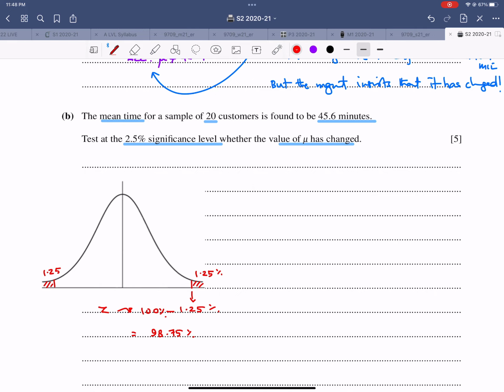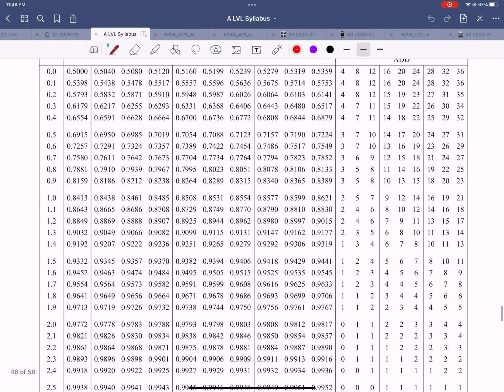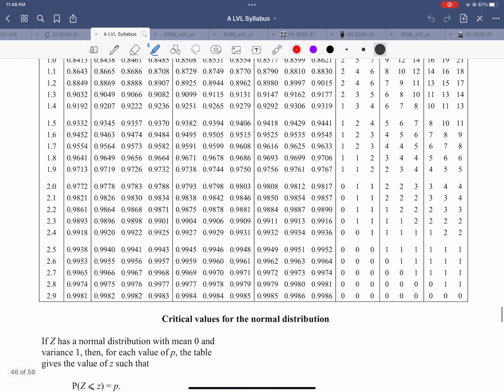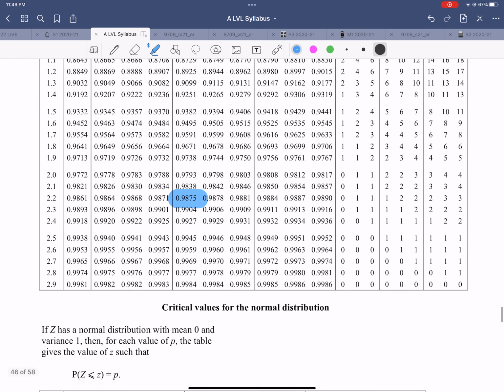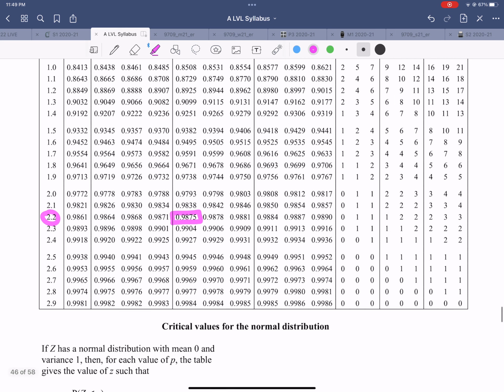9875. So if I highlight 9875, okay, that's a nice number, and this is what you get, 9875, and the z value is 2.2, and this thing is 4. So that is 2.24.